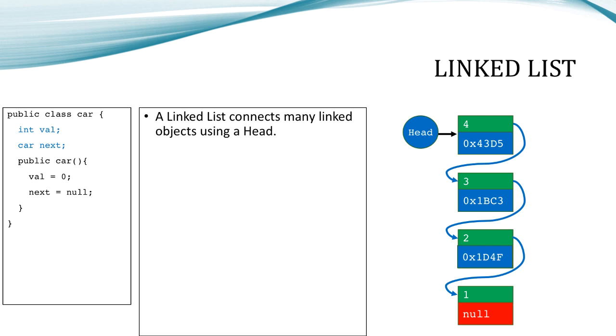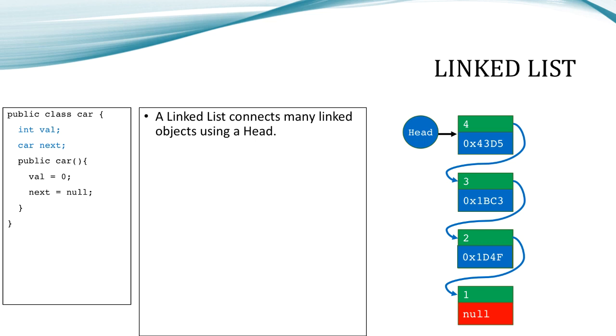So a linked list is a data structure which connects the different objects together in a chain. Here, the major difference is a linked list uses only one reference to point to the entire structure. If you look at this little picture on the right side, you can see that there's a head reference which is pointing to a node which contains 4 as a value.